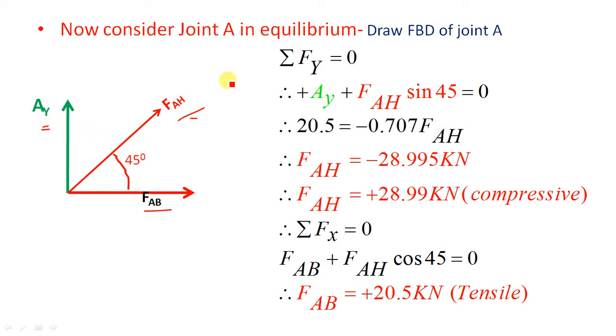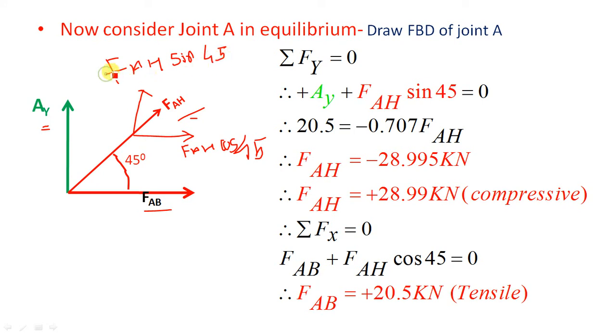Now consider the summation of Fy is equal to 0. Summation of Fy means the summation of all forces in y direction. Resolve this force into its two components. This is F of AH cos 45, and this is F of AH sine 45.